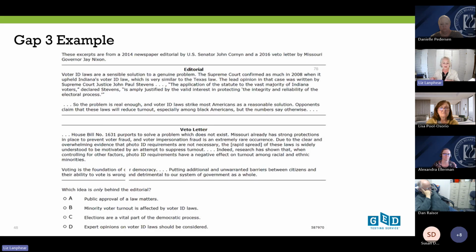I'm going to have some graphic organizers here. Teach them how to take those notes and write down what's different about them and pull that apart. But you can say public approval of law matters, and then minority voter turnout is affected. Elections are part of the democratic process. Expert opinions on voter ID laws should be considered. And let's see, read the question.